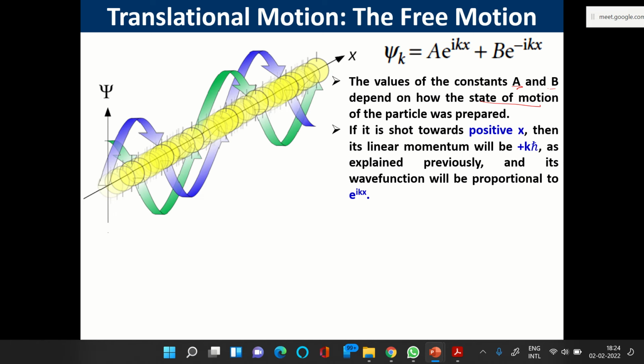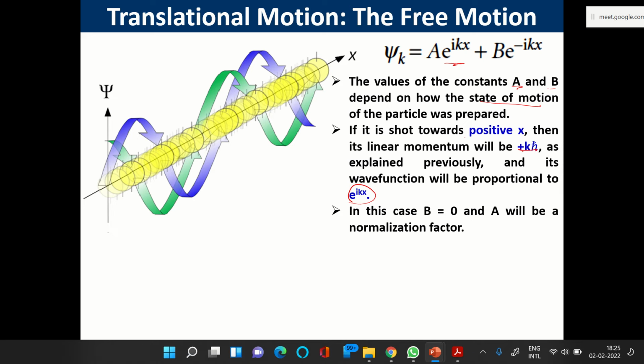So more precisely, if we want to talk about the first one, if you throw the ball along the positive x direction, its linear momentum is plus ħk, and the wave function will be proportional to e to the power ikx, the first term that you have in your equation. In this case, the ball is continuously moving in the plus x direction, so that is a net movement.